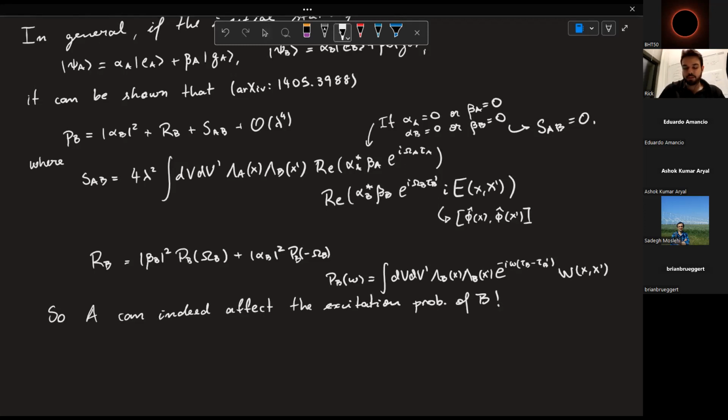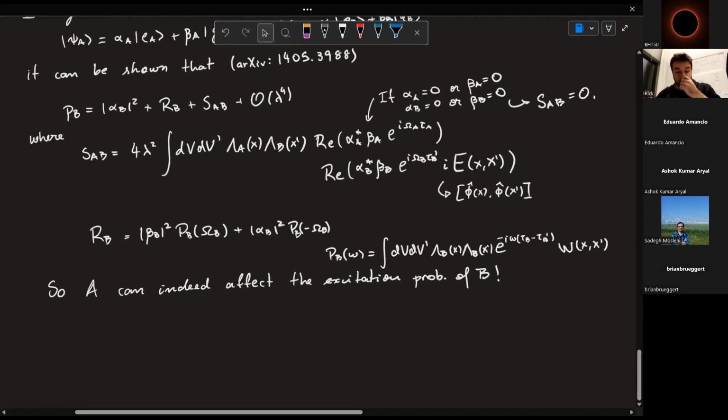Basically, A can affect B, provided that they start in states such that the expected value of the interaction Hamiltonian is not 0. Okay? Cool.